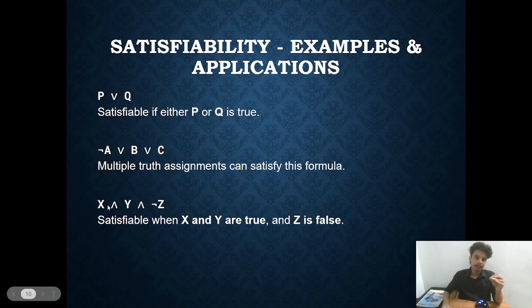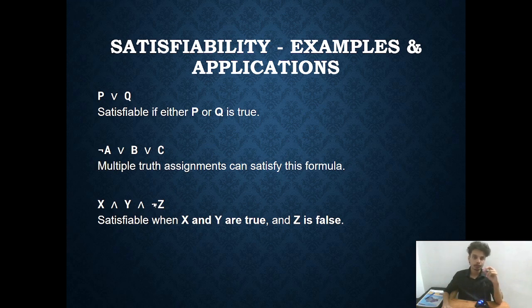And see, last time we saw the AND operation. So x can be true, y can be true, z can be false. This is the only way this statement becomes true. X has to have a value of 1, which is true. Y also needs a value of 1, and z on the other hand needs a value of 0, because right here we can see it's not of z.